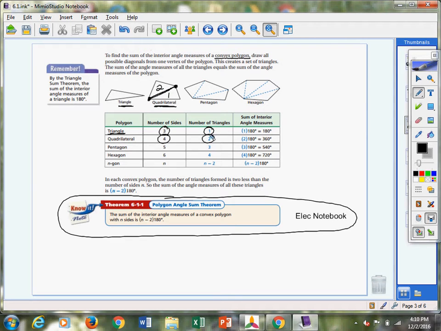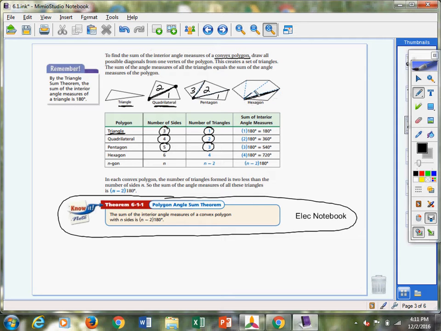Let's do a pentagon. A pentagon has more choices. We can cross over there, we can cross over here. From that same vertex, we just formed three triangles. So five sides forms three triangles. And let's do the last one here, the hexagon. We have even more choices.